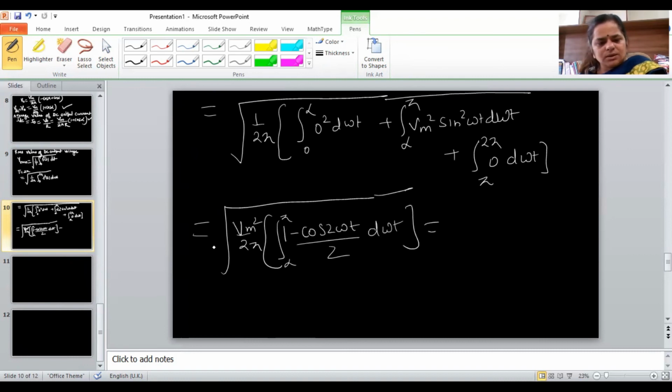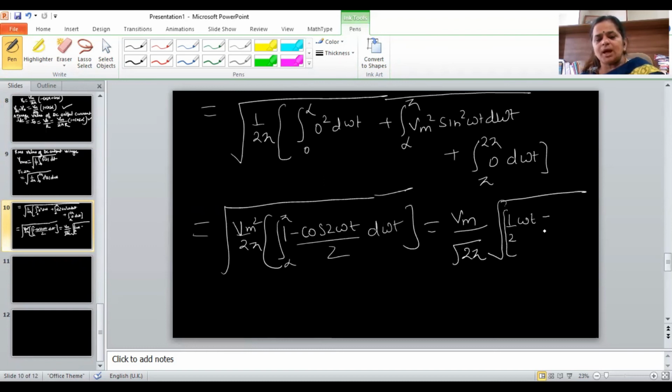So when I take this before under root, it will be Vm upon root of 2 pi. Now 1 by 2 integration. What will be the integration of 1 by 2 d omega t? And what is the integration of cos 2 omega t? So that is sin 2 omega t by 4. And limits are from alpha to pi.